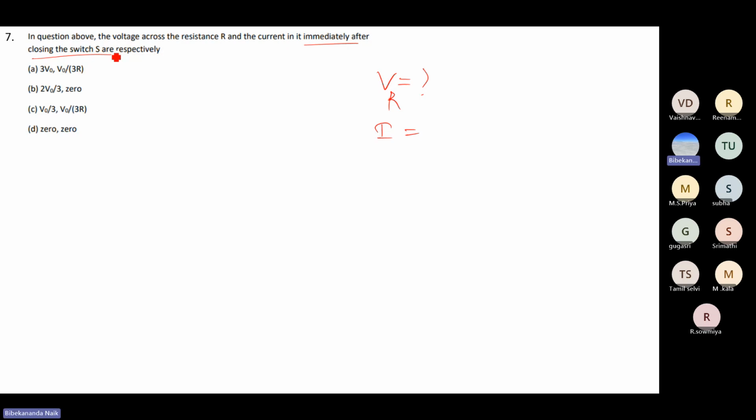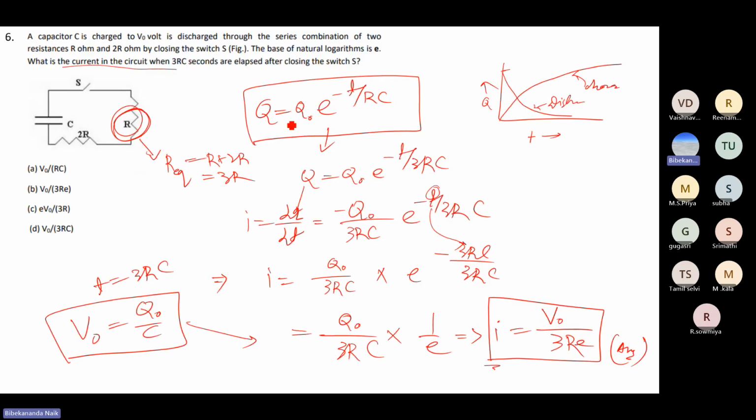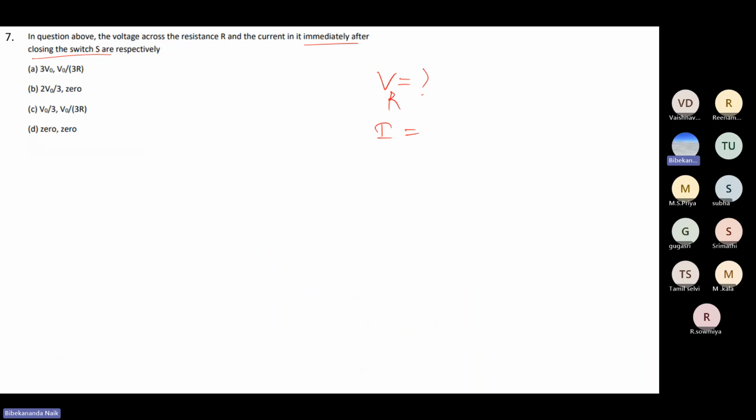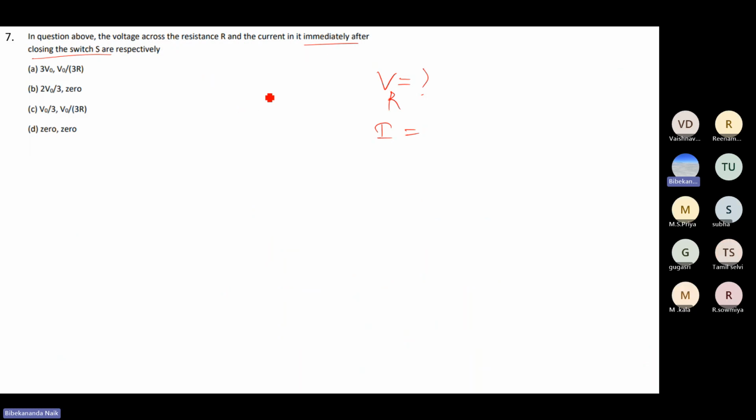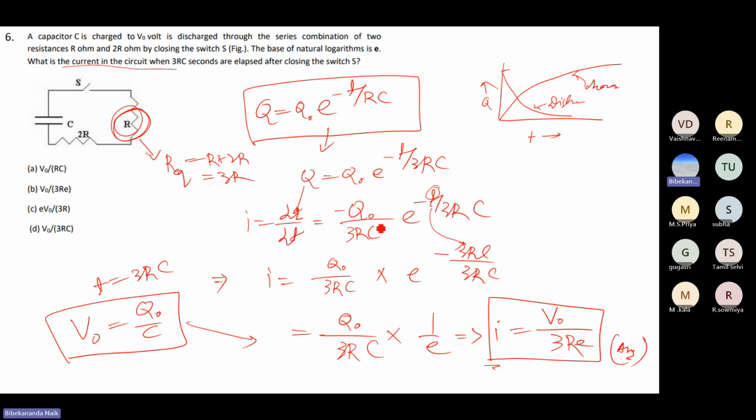We know here we found Q is equal to Q0 e to the power minus t by RC. If you put t equal to 0, because it is given immediately after closing of the switch, then at t equal to 0, I will be dq by dt, which is Q0 by 3RC into e to the power minus t by 3RC. If you put t equal to 0, it will be 1.